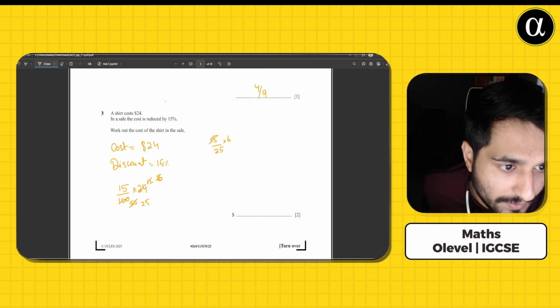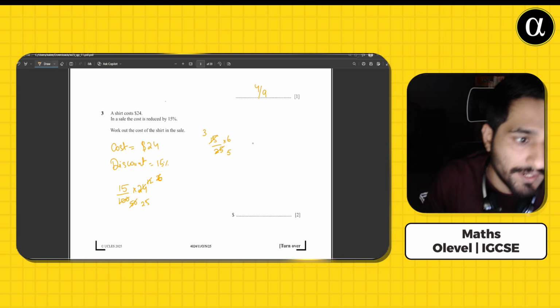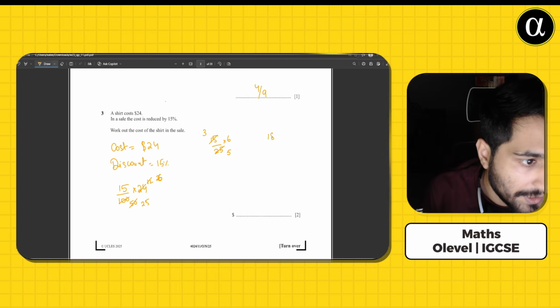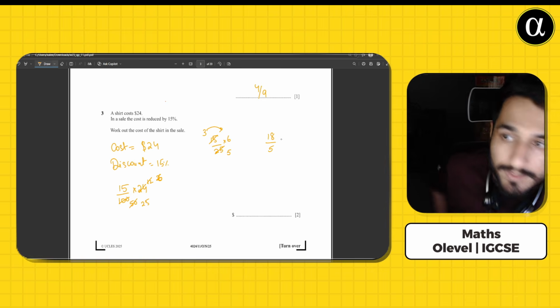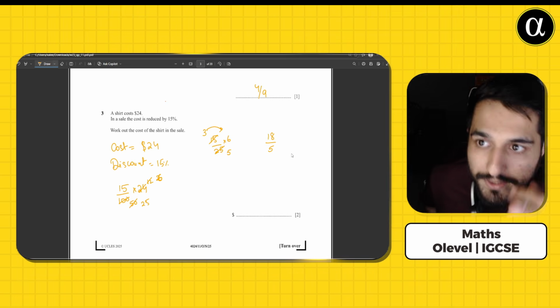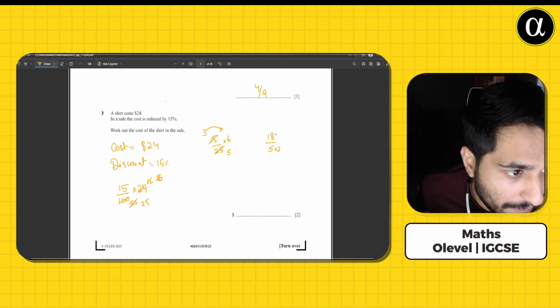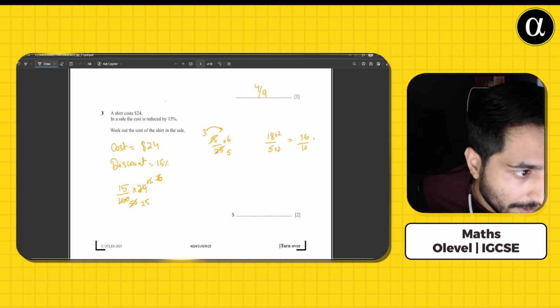When we further solve this, it's going to be 3 and 5. So this is going to be 18 over 5. To solve it further, we convert the denominator into 10, 100 or 1000. We can easily convert this into 10 by multiplying with 2. We multiply the numerator with 2 as well. This is going to be 36 over 10. Hence the value is 3.6, which is the discounted amount.